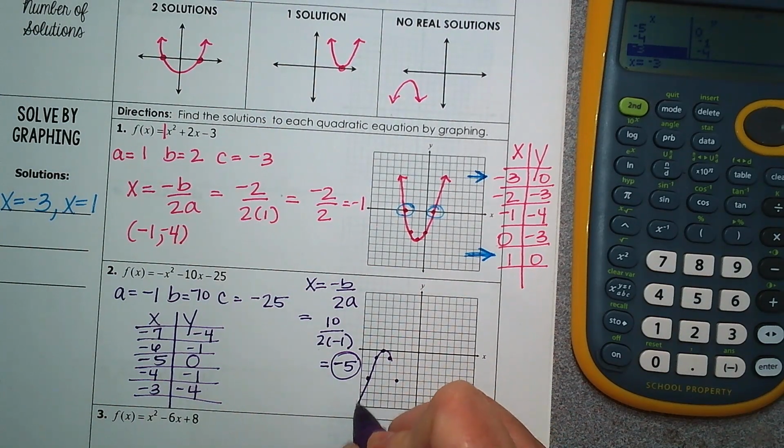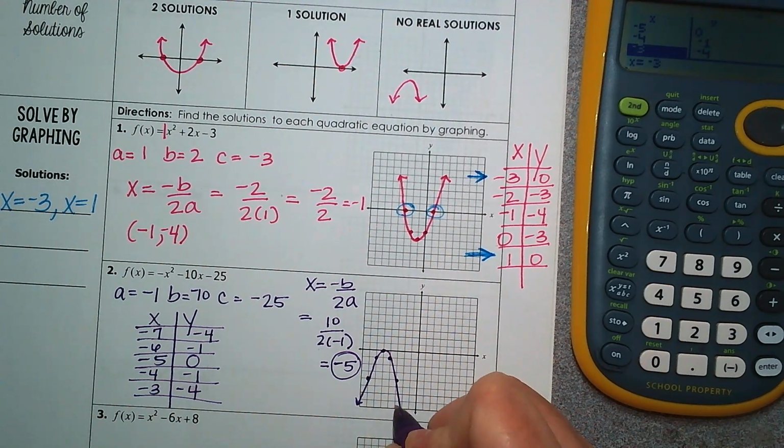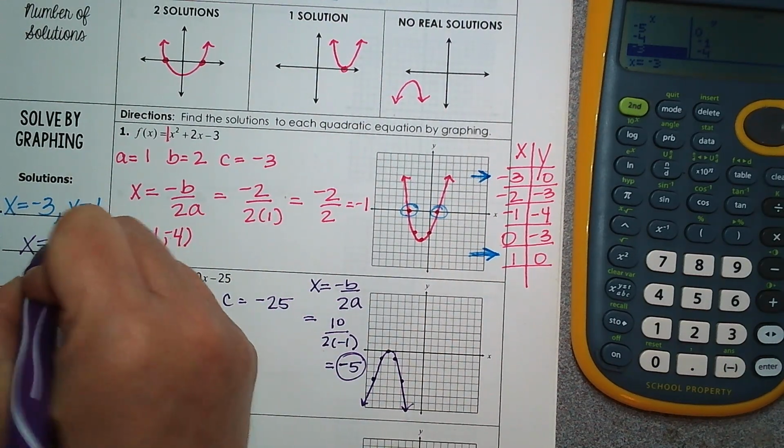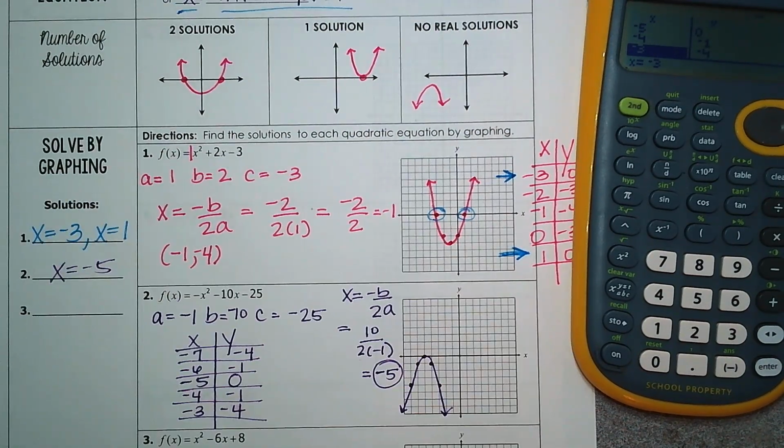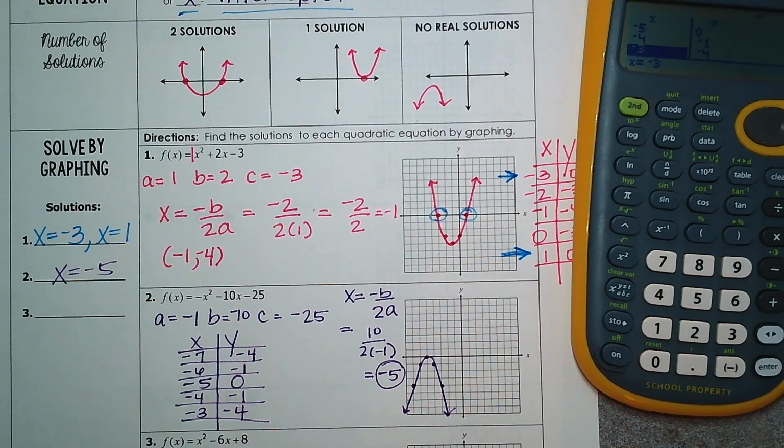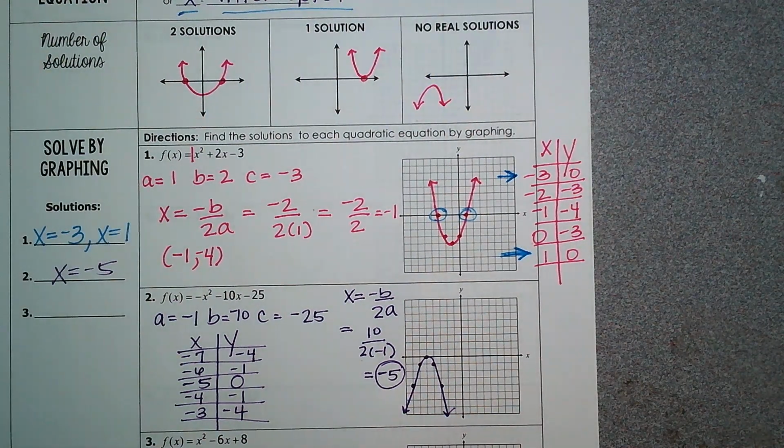So it only touches the x-axis at one point, therefore there's only one solution, and that solution is what? Yes, x equals negative 5. You try number 3.